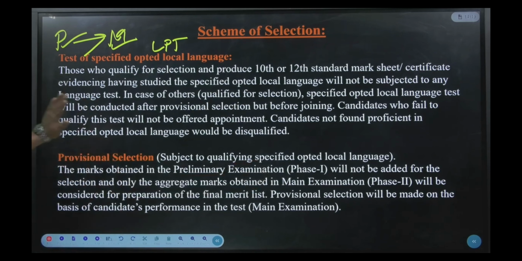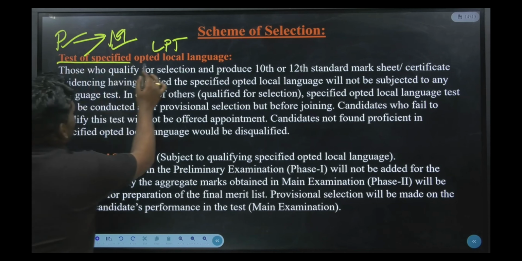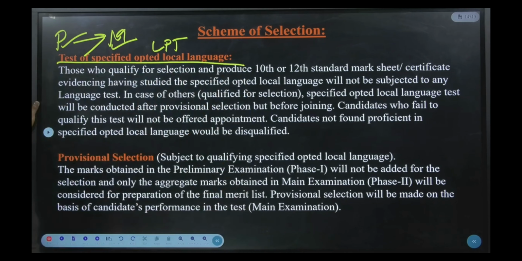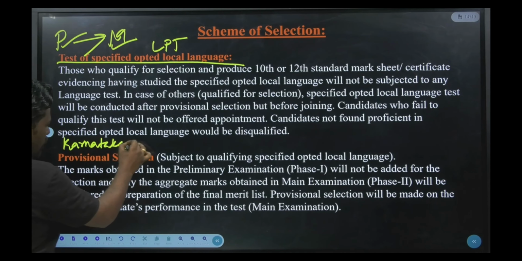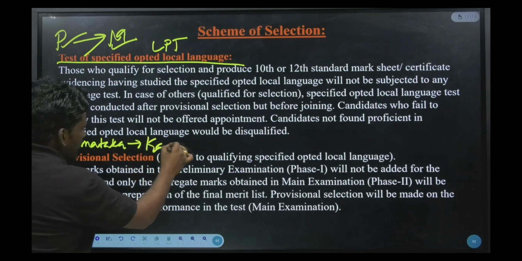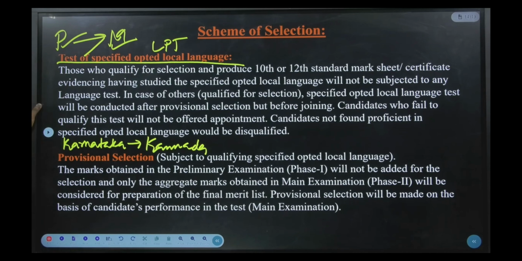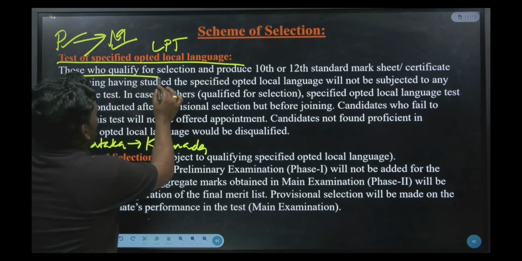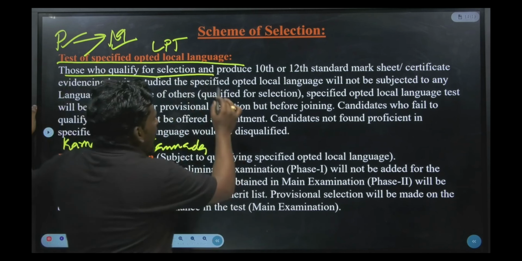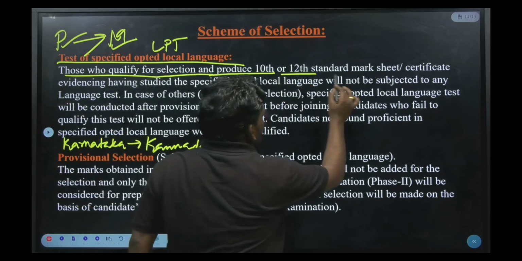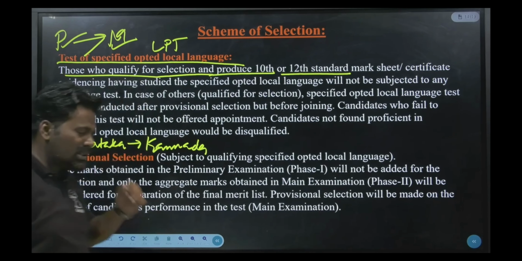So here the explanation is given by the SBI: test of specified opted local language. Say if you have applied for Karnataka circle or Bangalore circle, the local language is Kannada, correct? If you are from Karnataka, you will be applying for the Karnataka circle. Those who have qualified for selection have to produce a 10th or 12th standard marks card or certificate.